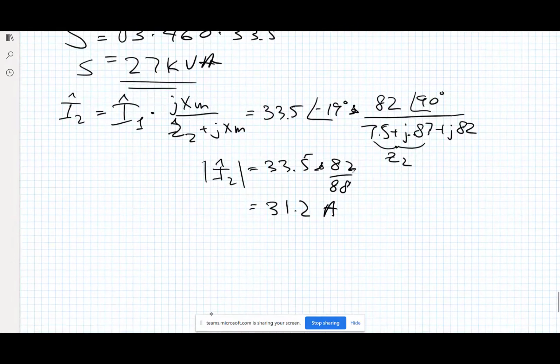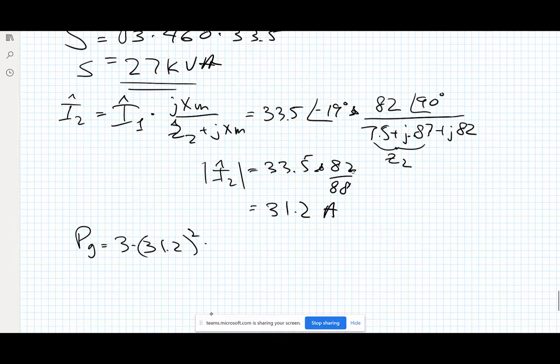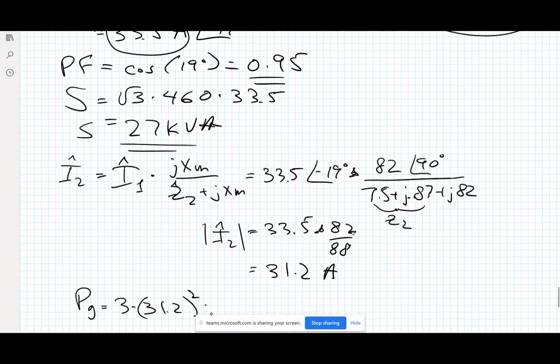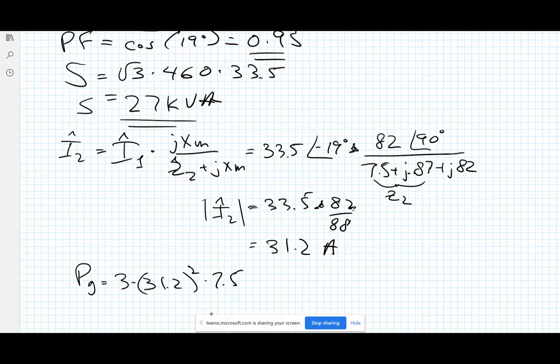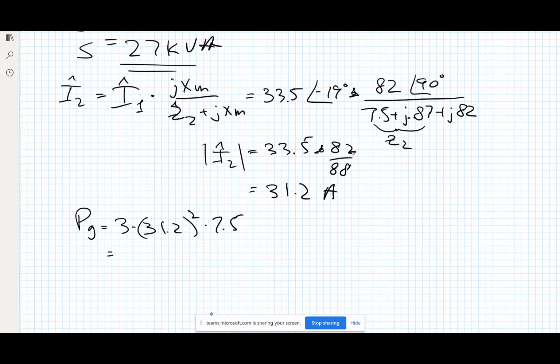So I could find the P gap: 3 times 31.2 squared times the rotor resistance R over S, which was 7.5. So 31.2 squared times 7.5 times 3 is 21.9 kilowatts.